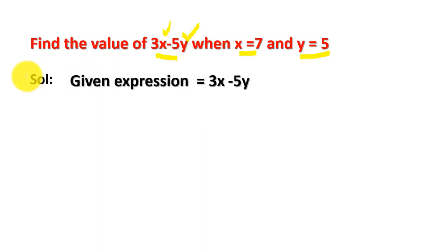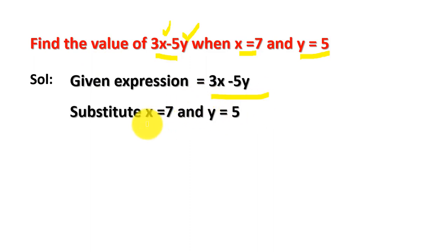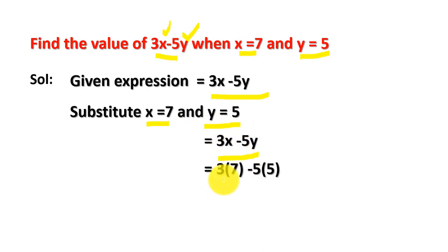Here given expression is 3x minus 5y. Substitute x equal to 7 and y equal to 5 in the given expression. 3x minus 5y. 3 into x is 7 substituted. I think last time when we are doing the addition or subtraction, whatever the expression that taken, we should use the brackets.